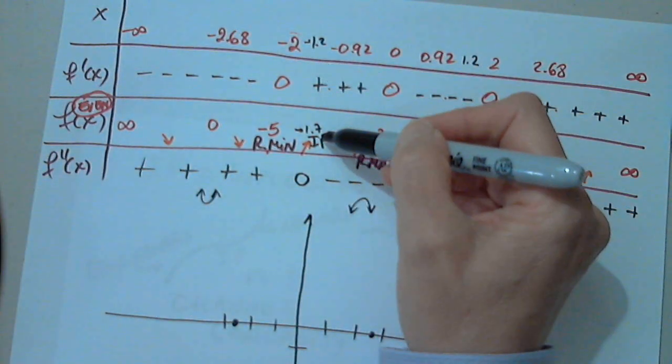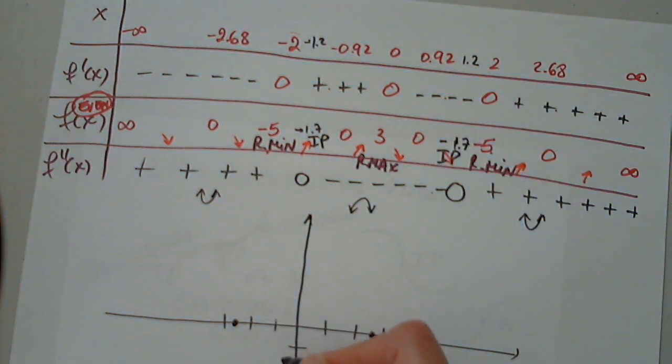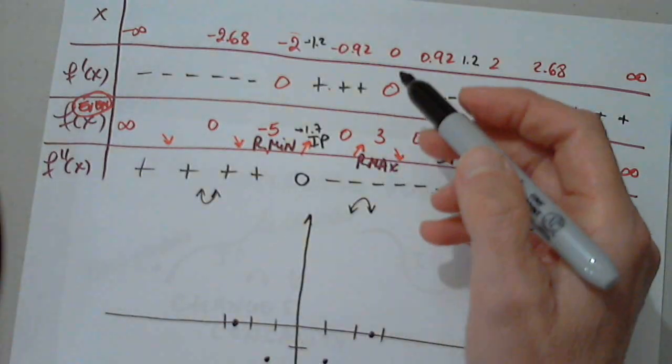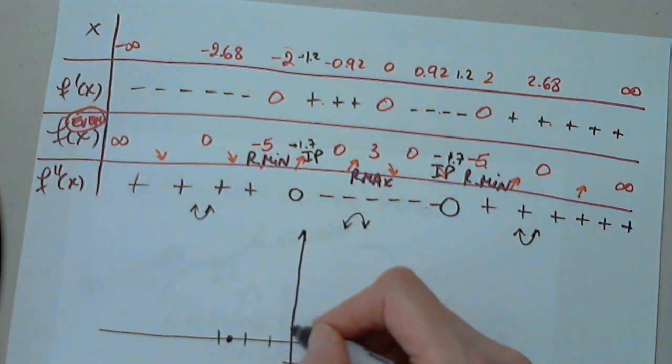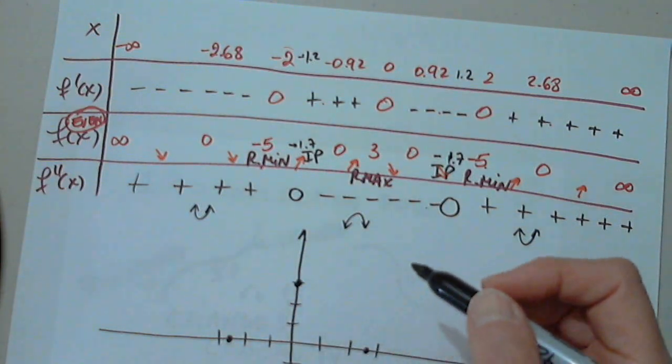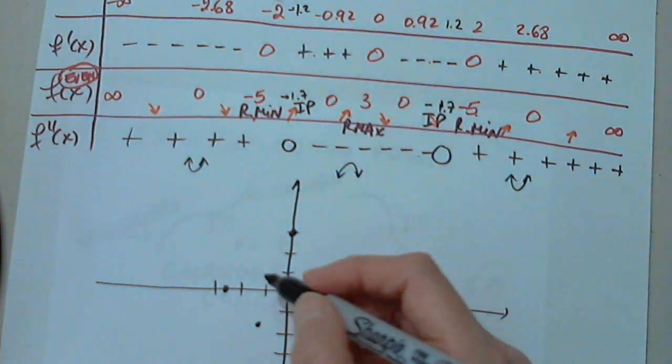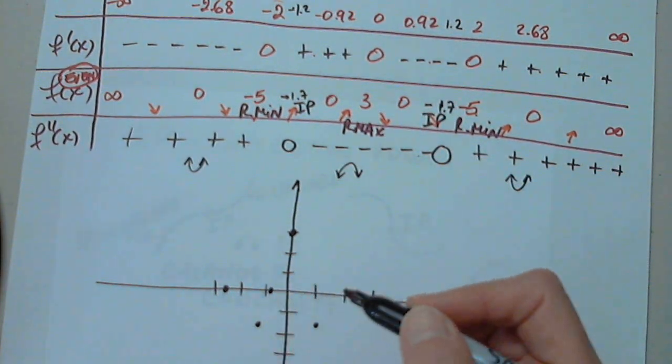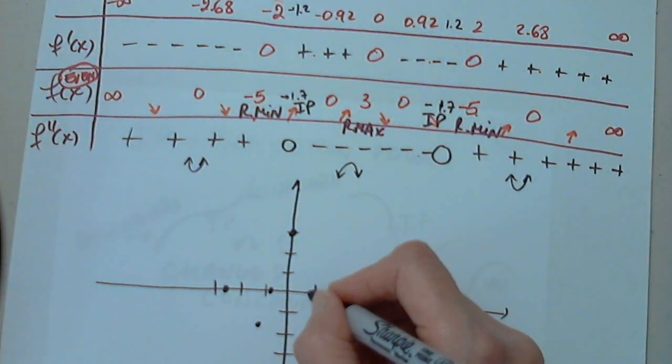Negative 1.2, negative 1.7, and 1.2, negative 1.7. 0 comma 3. Negative 0.92, 0, and 0.92, 0.